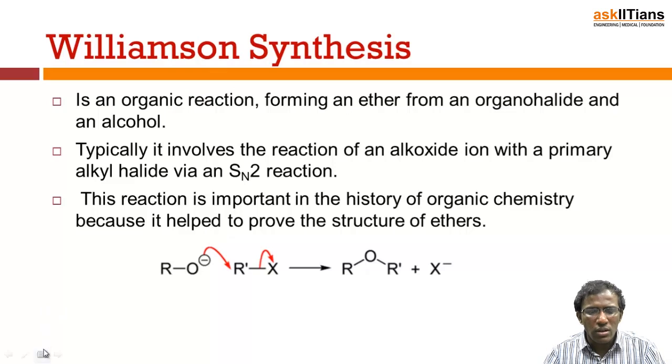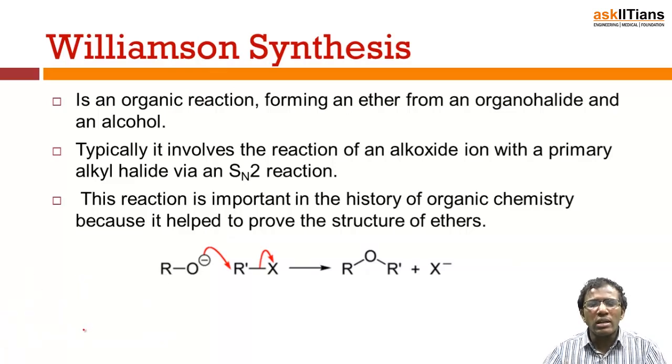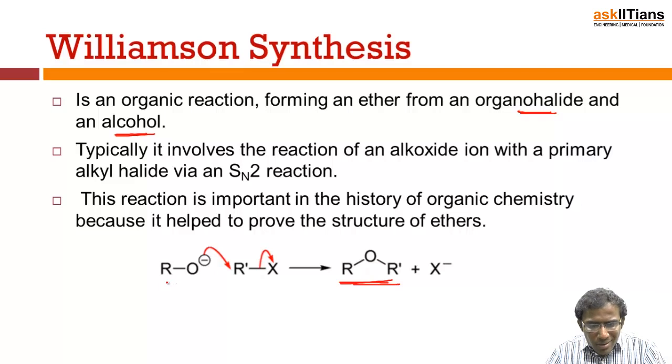This is also one of the important name reactions, which is an organic reaction forming an ether. This reaction forms an ether from an organohalide and an alcohol. So here, if you see the reaction typically, this is the alkoxide ion, that is methoxide or ethoxide.